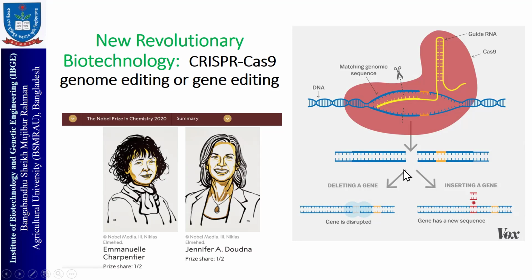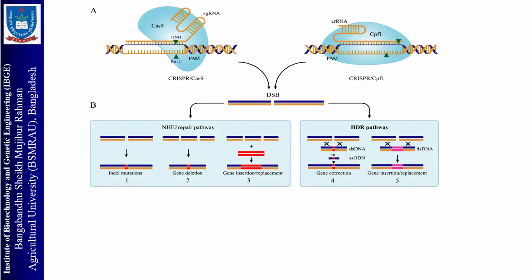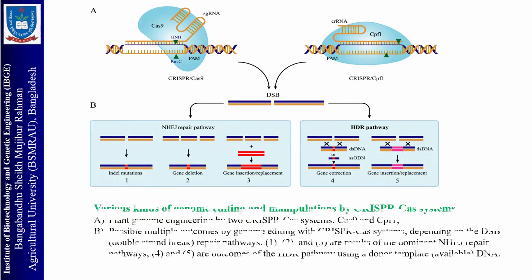And after cutting the double strand, two things can happen: the gene can be disrupted, or the gene gets a new sequence. You can put in a template, and the sequence can be changed. And lots of other things can be done. But this is the simplified principle of the CRISPR-Cas system. I shall stop after explaining this one.